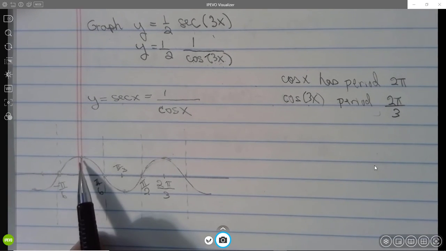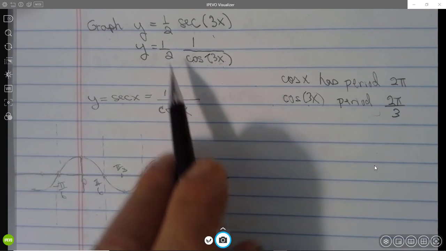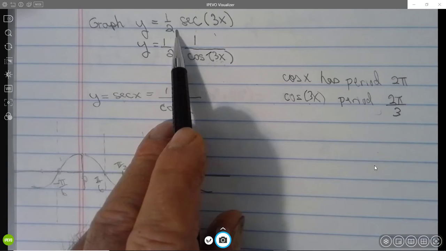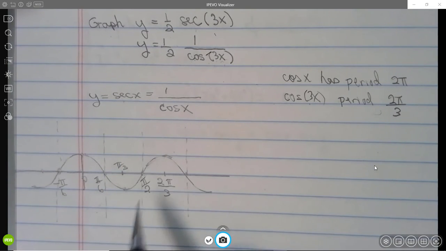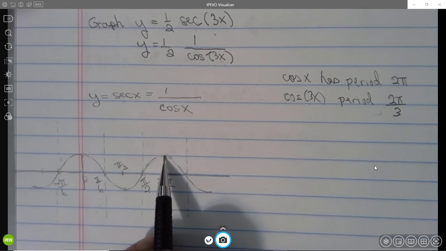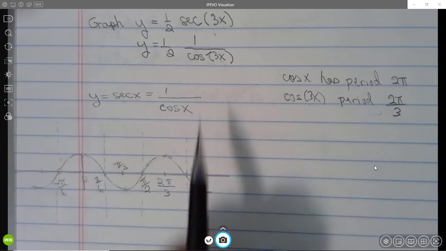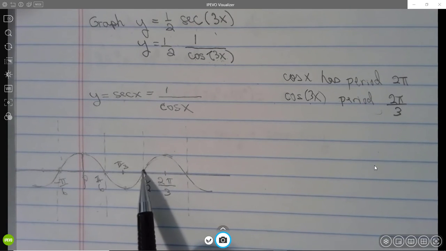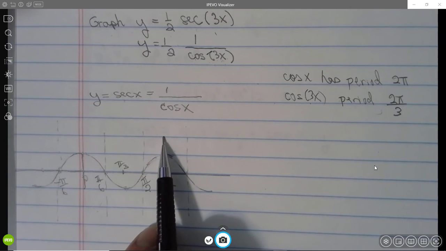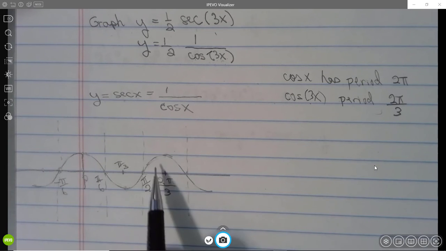Okay, now with the standard cosine function, this height would be 1. But remember, when we get all done here, we're going to be multiplying by a factor of 1/2. So when the cosine would normally be 1, well, you could think of it as 1 over 2 times the cosine, which I think is not that helpful. It would grow up to 2, but then the reciprocal of 2 is 1/2.